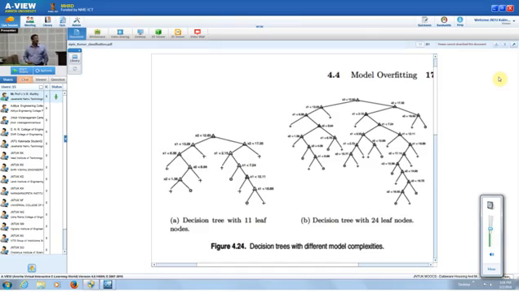This has yielded better testing results. This is proved to be a much better model when compared to the 24 leaves model. So this has given the best classification outside.